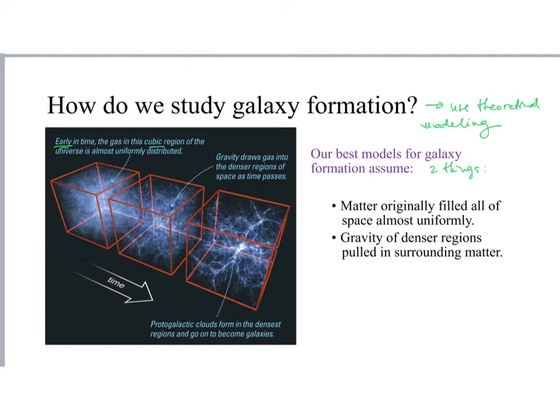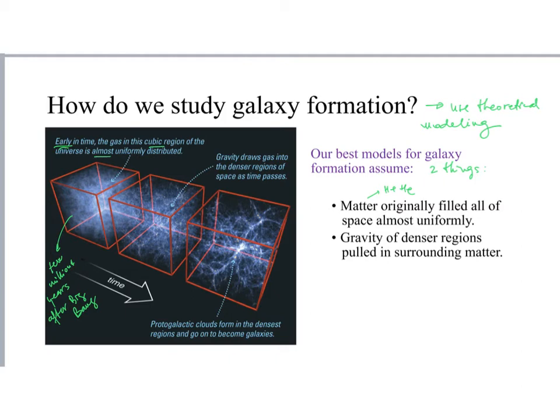One was that the matter, which is basically hydrogen and helium gas, filled all of space more or less uniformly when the universe was very young, say in the first few million years after the Big Bang, basically after its birth. And then the distribution of matter in the universe was actually not perfectly uniform, okay?